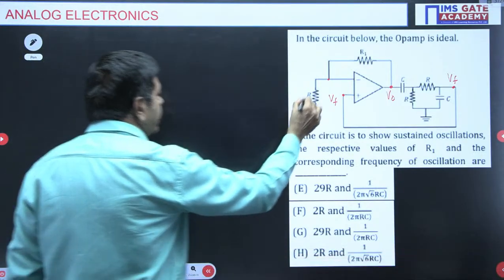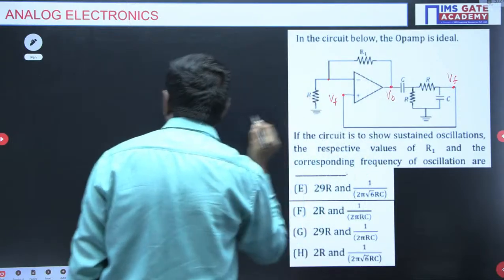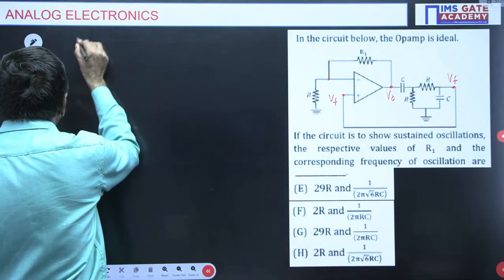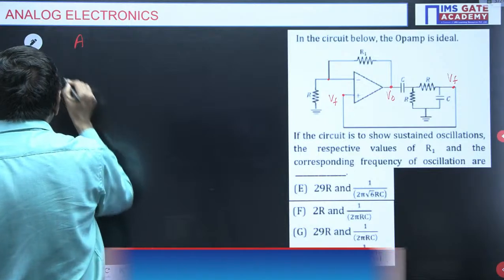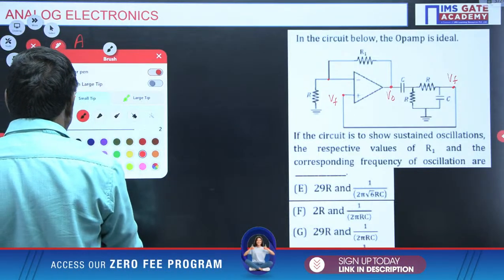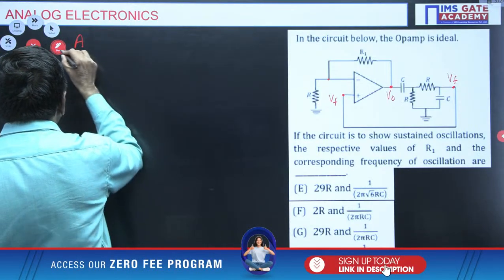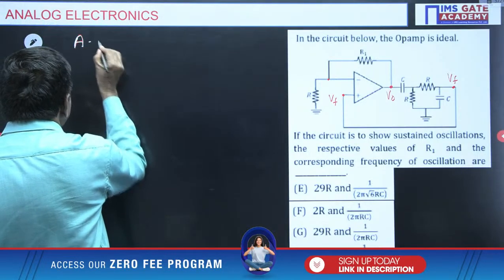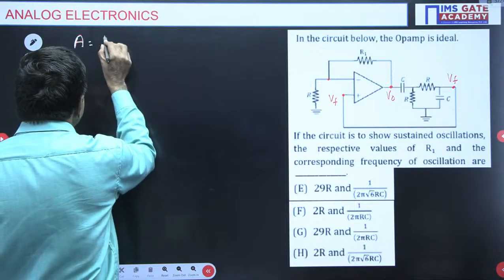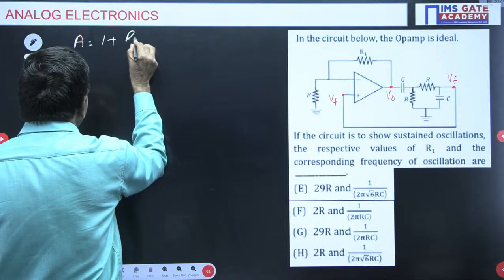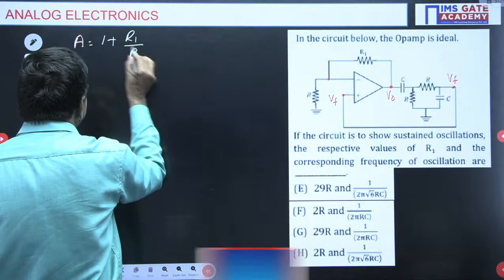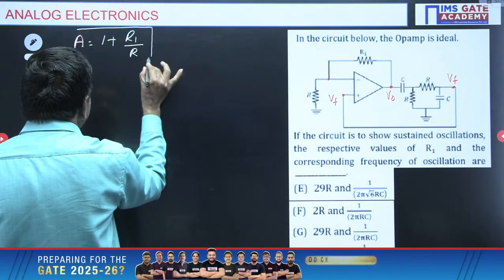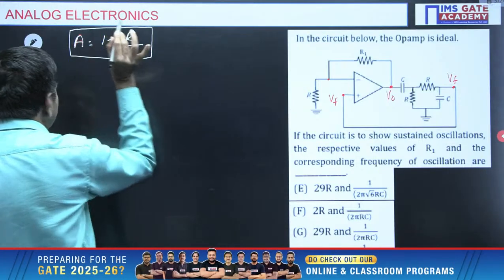Initially we can find the gain of this op amp, which I call A. A value is nothing but 1 plus R1 by R.